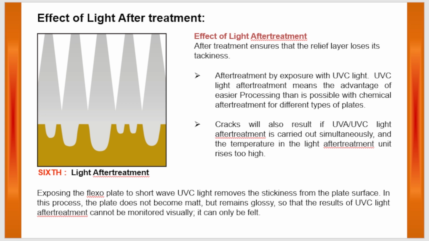Exposing the flexoplate to short wave UVC light removes the stickiness from the plate surface. In this process, the plate does not become matte but remains glossy, so the results of UVC light after treatment cannot be monitored visually. It can only be felt.